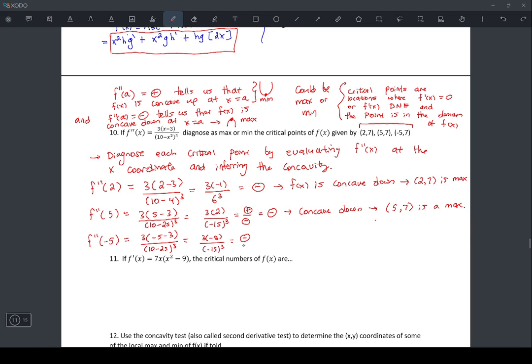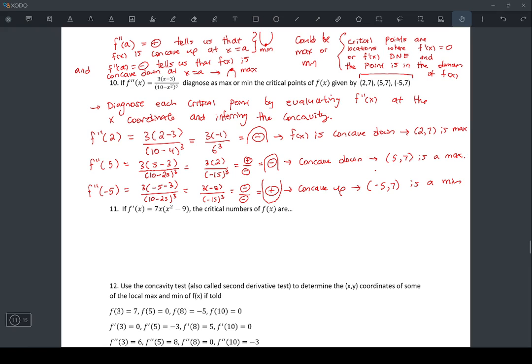Something negative on top divided by something negative on the bottom is positive. That means concave up. And then from that we can conclude that -5 comma 7 is a min. I'm going to add the bowl shapes, the concave up and concave down.